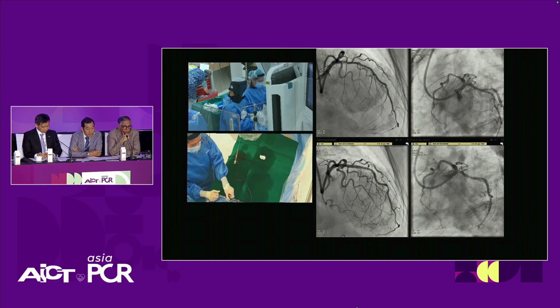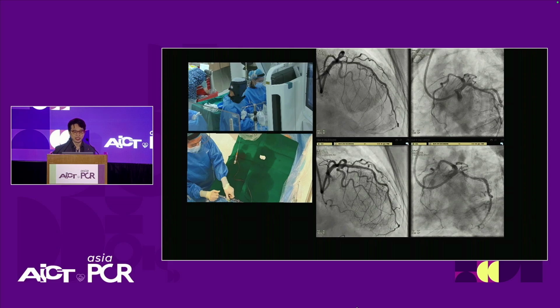So Mark, one final takeaway from your case that you want to share with the audience before we close this section. I think DCB is a viable strategy with sufficient trial and evidence showing good long-term outcomes, especially for patients with diffuse disease.